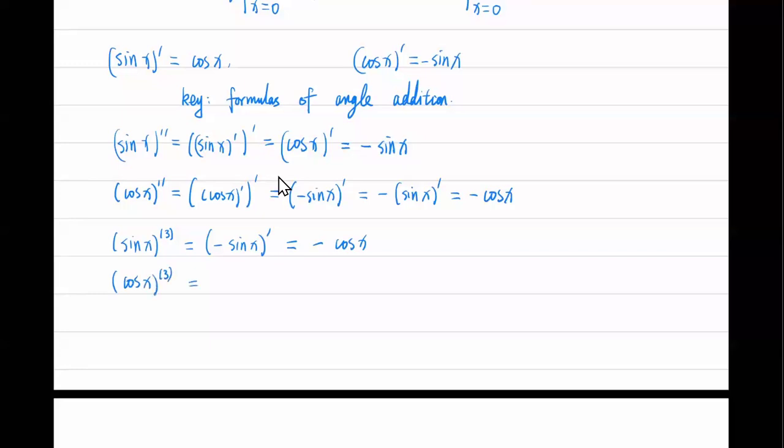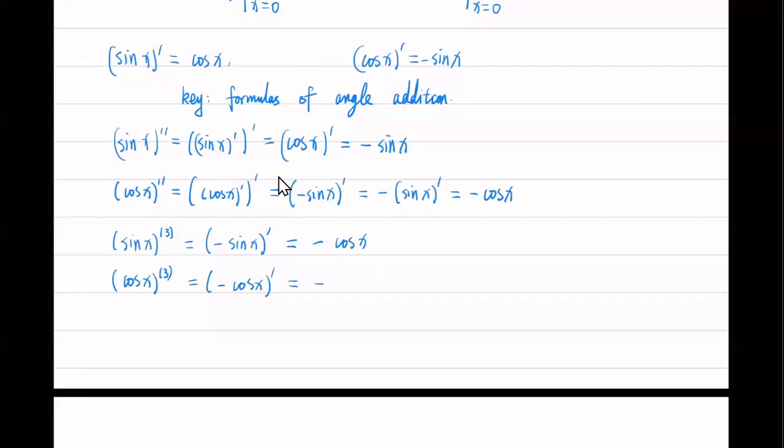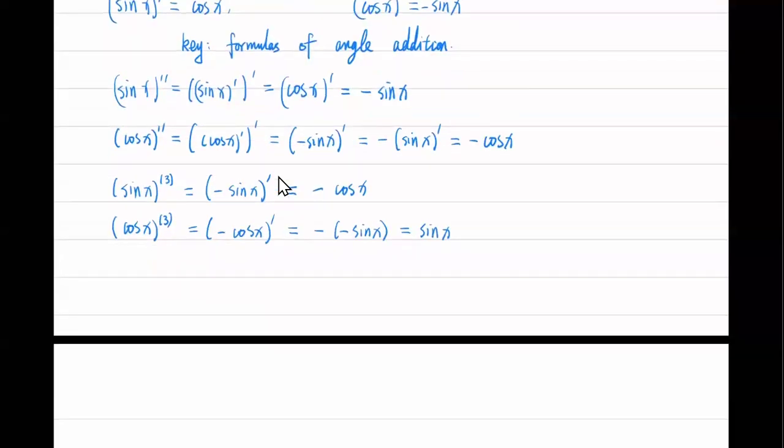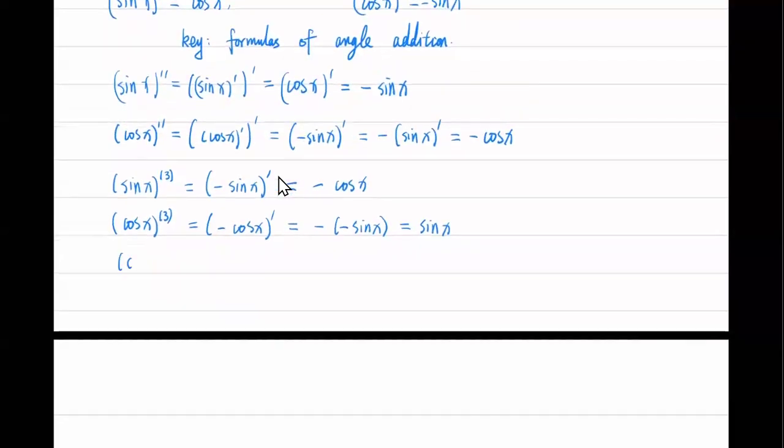The derivative of the second, which is negative cosine x, so negative sine x. Sine x. Okay, one more step. So I will do it myself. The derivative of the third derivative, and we have just done that.